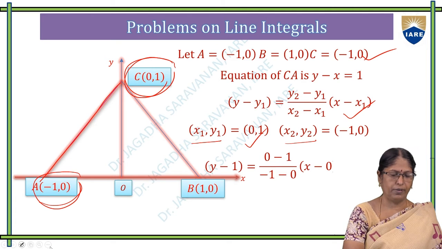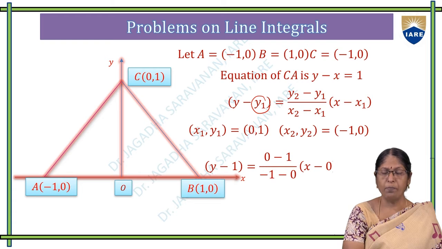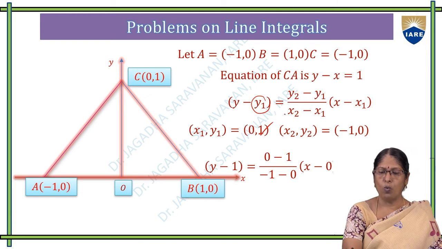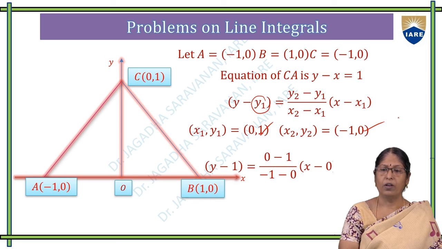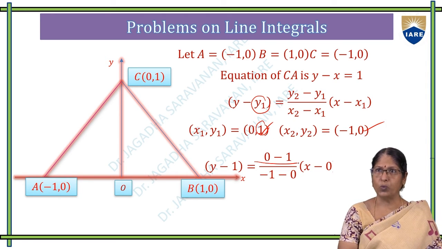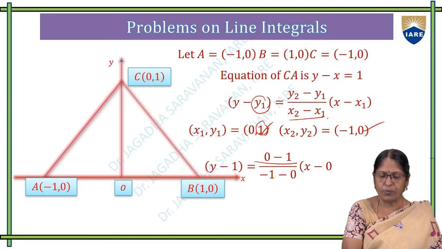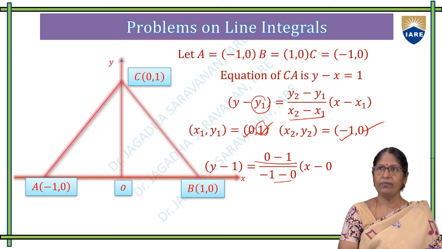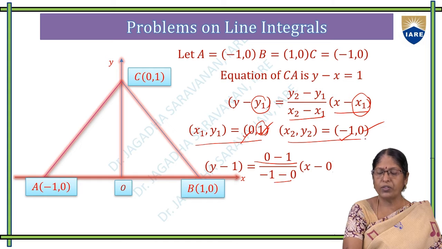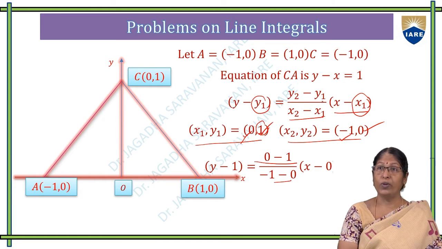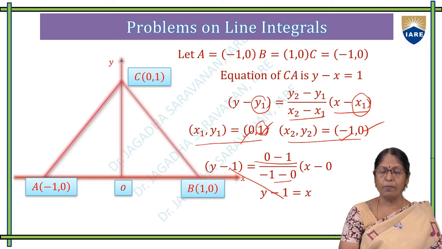We substituted: y minus y1, our y1 is 1, over y2 minus y1, so 0 minus 1, equals x minus x1 over x2 minus x1, with x2 as minus 1 and our x1 as 0.